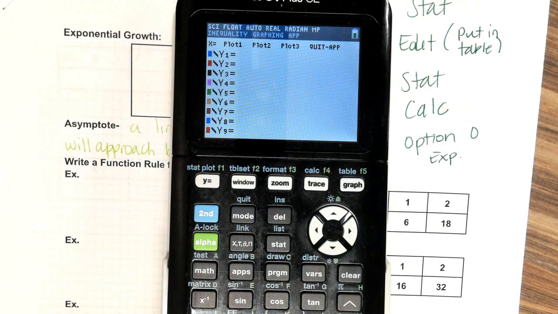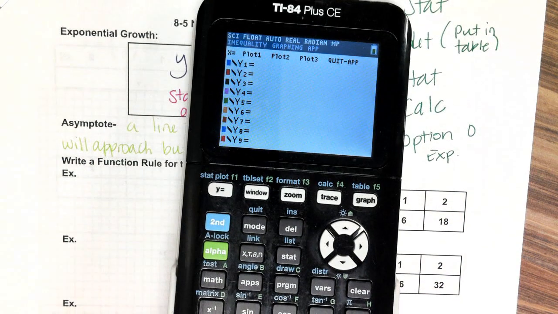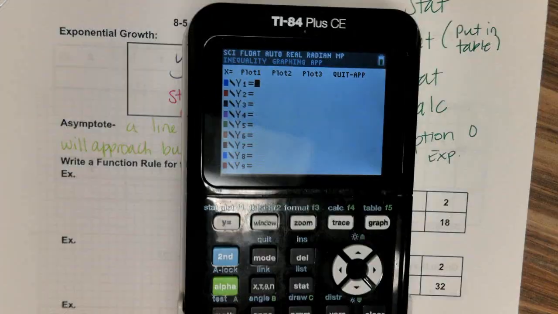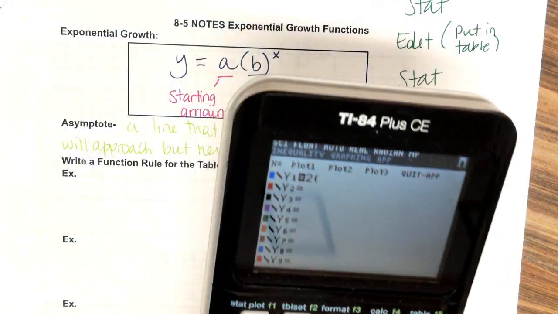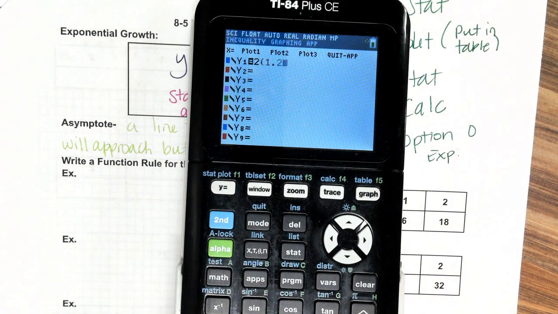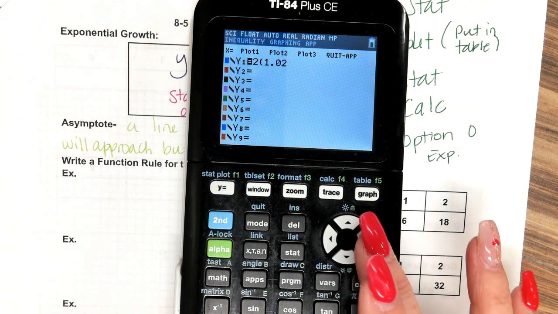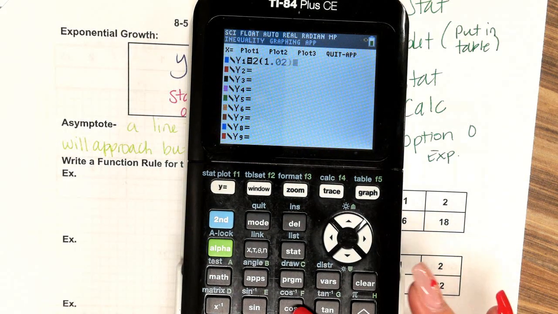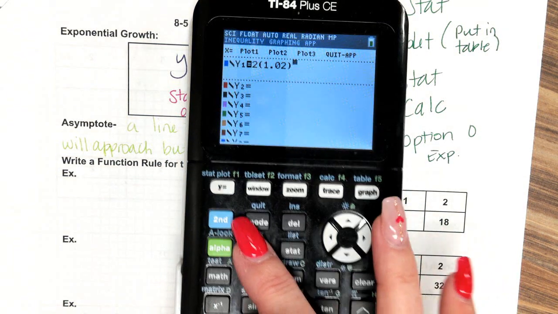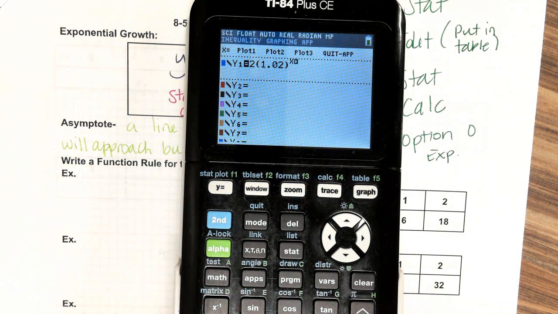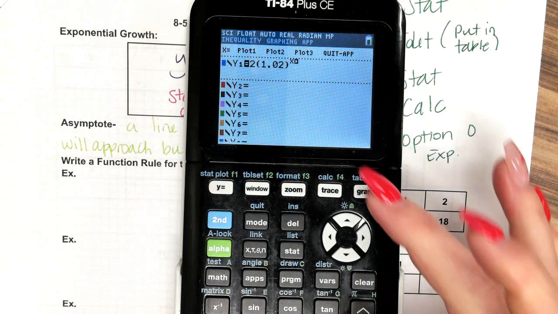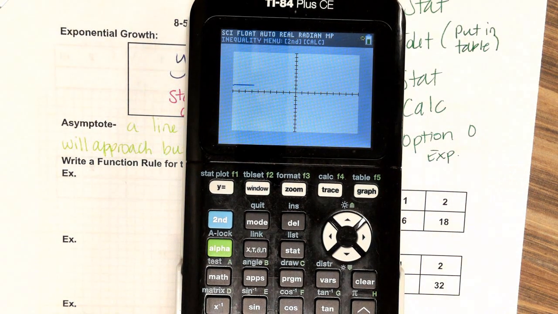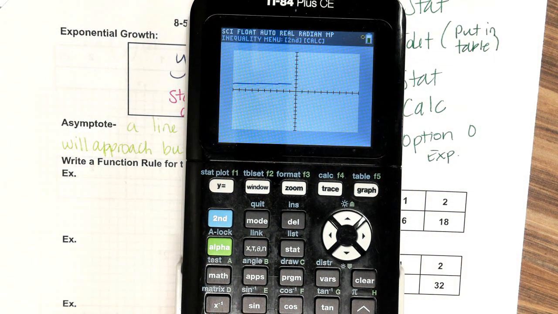And I'm going to make up an exponential equation. So let's put in 2, open parentheses, 1.02, close parentheses, and then to the x power. So make sure you go to that exponent for the x. Hit graph, and this is what an exponential function looks like.